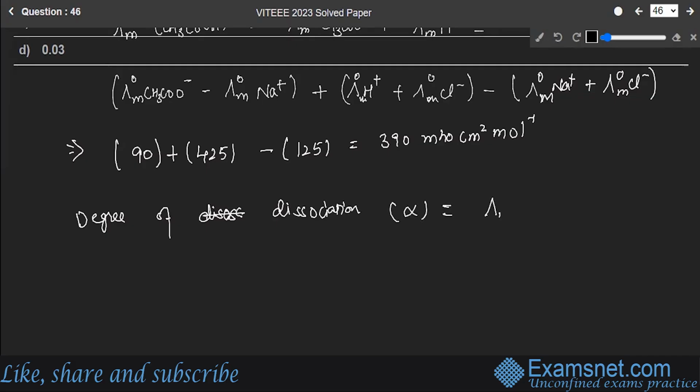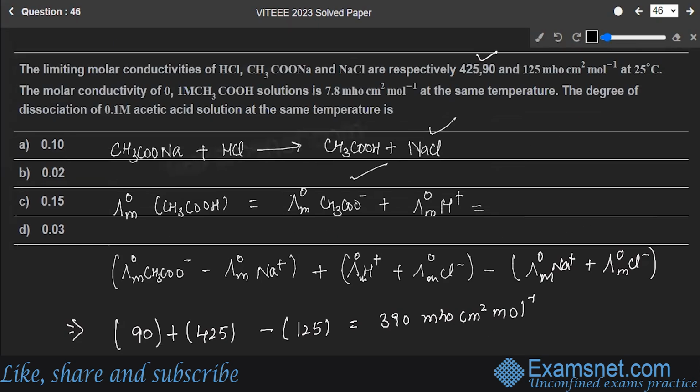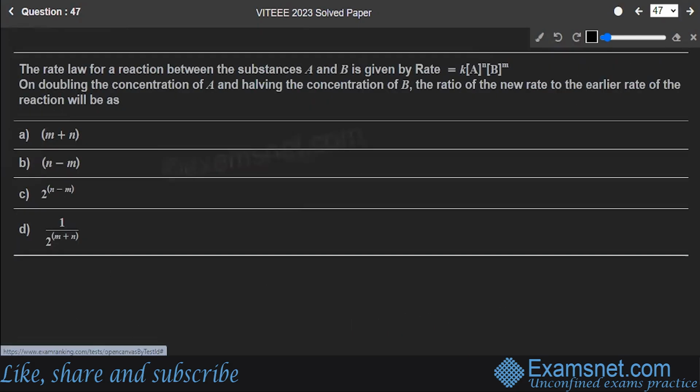This is given by molar conductivity upon the molar conductivity at infinite dilution. This is 7.8 given in the question, and this is equal to 390. On solving, this will be 0.02. So the answer to the question is option B. Hope you understood this. Next is question number 47.